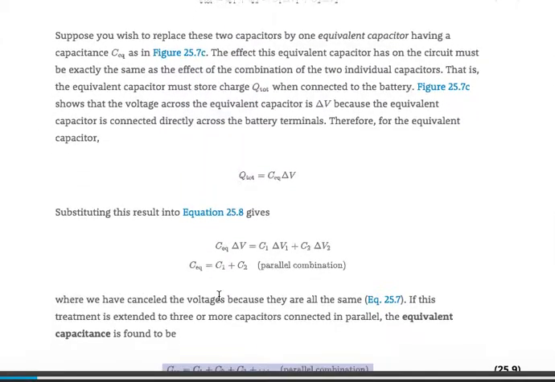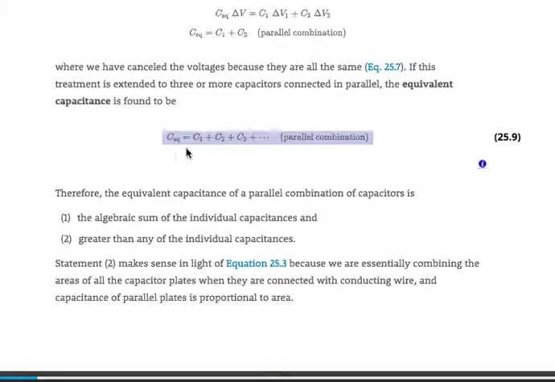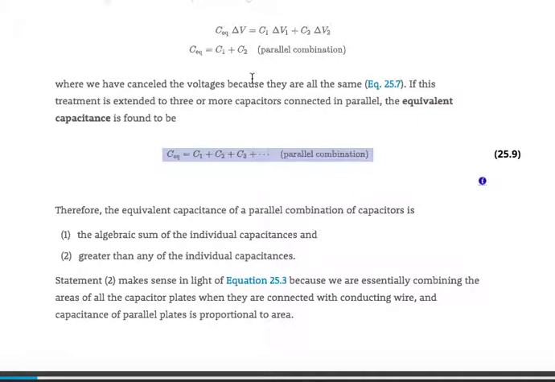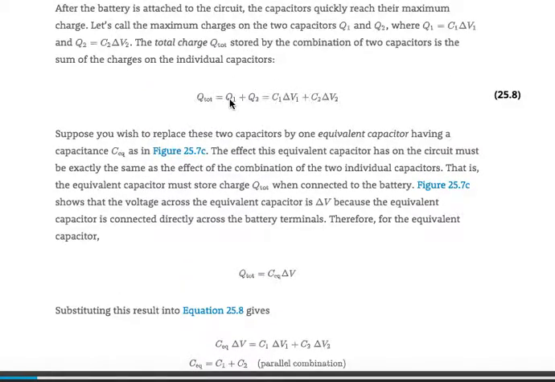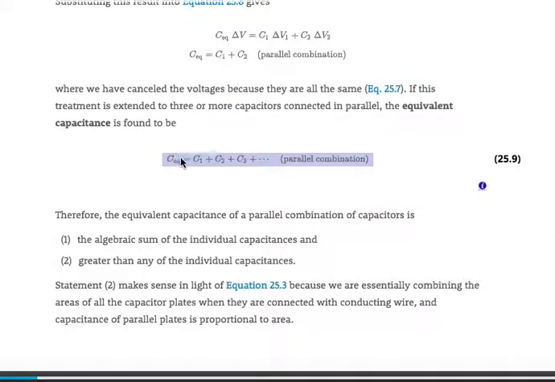So if you do all that, you get that the equivalent capacitance is the first one plus the second one plus the third one, because the total charge is charge 1 plus charge 2. This is a rearranging of the capacitance formula, which means C1 V, and these V's are the same. So if you connect capacitors in parallel, you just add their values.